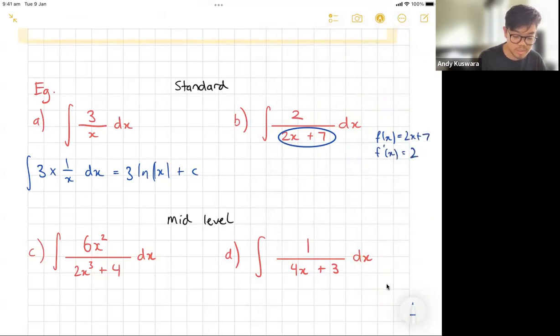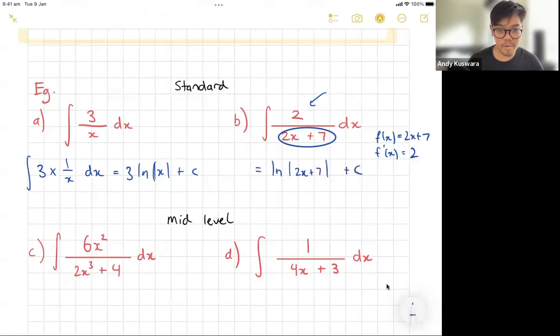It just becomes 2. And is that what we have on top? It is. So this one's going to be a bit more straightforward. It's just going to be ln of my function, so in this case ln of 2x plus 7, and then plus c. Hopefully you're starting to see it. If you're not, go back and watch it again, start to make some sense of it.